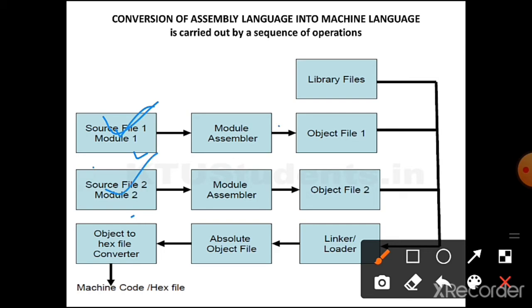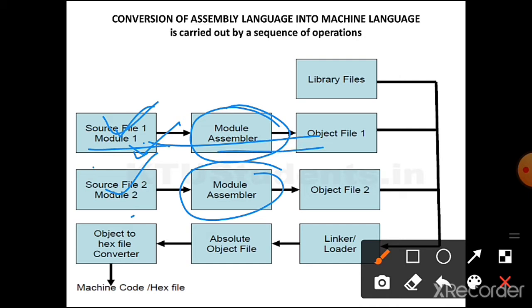Then we use a module assembler, which converts the assembly language into the corresponding object files. So source file 1 is converted to object file 1, and source file 2 is converted to object file 2.